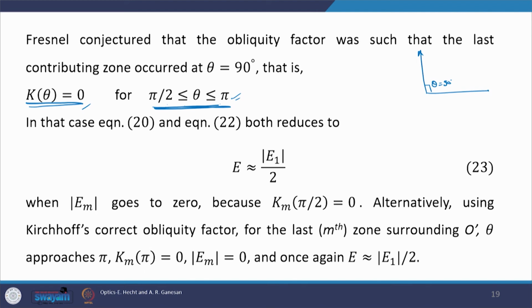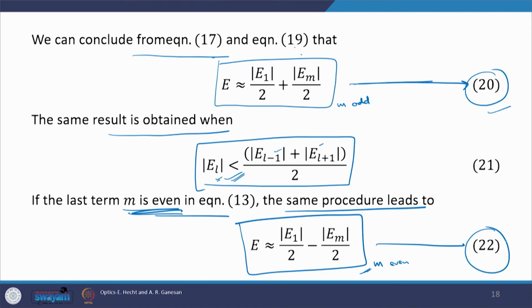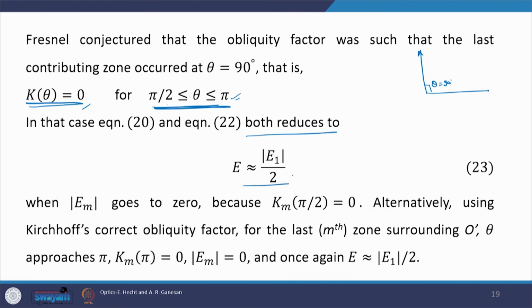With this, equations number 20 and 22 both reduce to E almost equal to mod of E1 by 2. We can neglect this term as it reaches 0. Why?